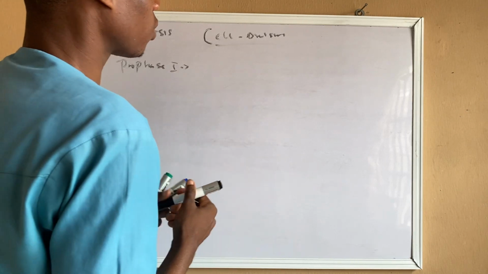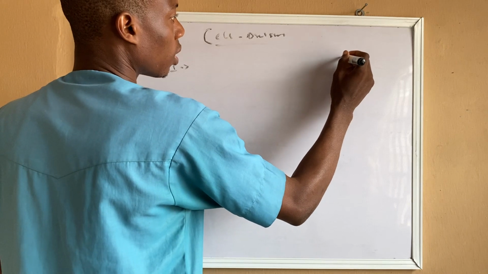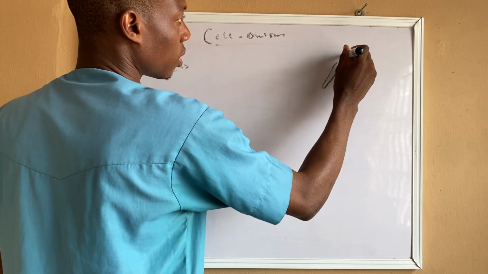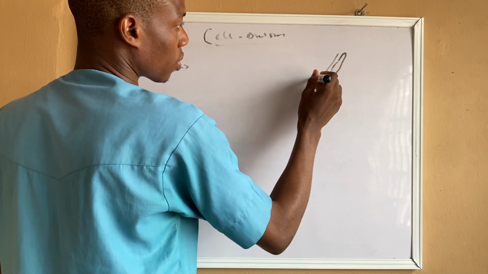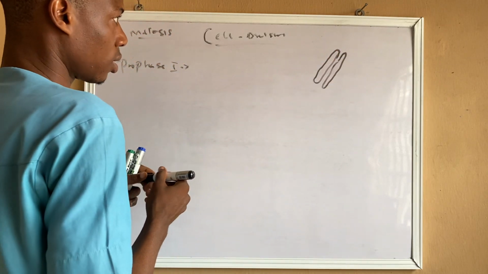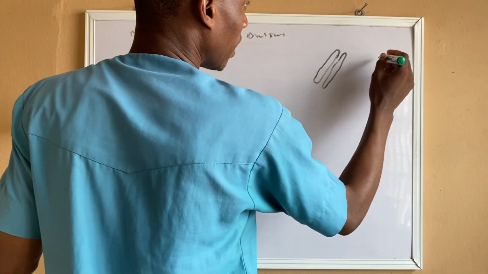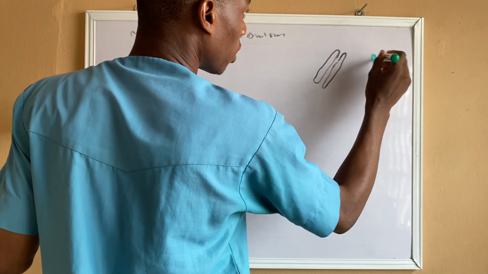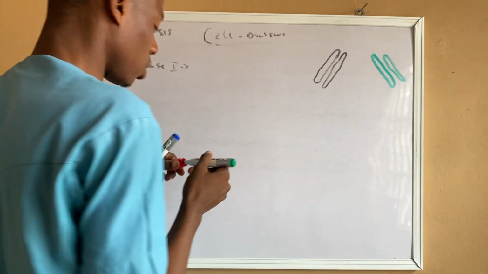Let me give an example of this before I proceed to the work. Let's assume this is one chromosome. This is the second chromosome. And these are other chromosomes. I decided to use two different colors so for us to understand. Right? Good.